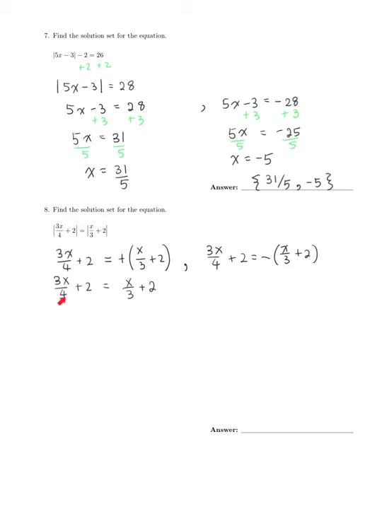So here, denominator is 4, denominator on the 2 is 1, denominator here is 3, denominator on the 2 is 1. So what's the least common denominator of 4 and 3 and 1? That will be 12. So here, what I'm going to do is multiply both sides by 12. So 12 is same thing as 12 over 1.